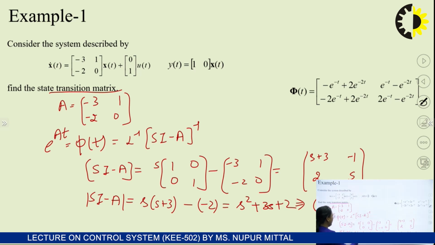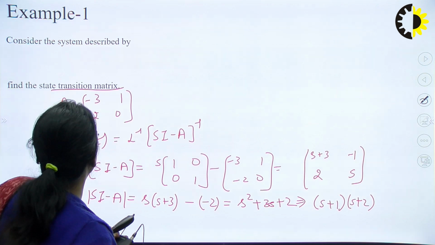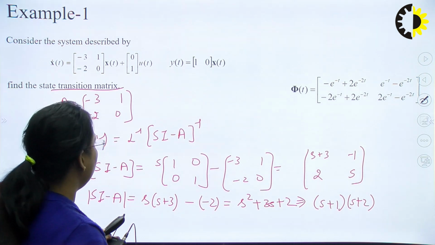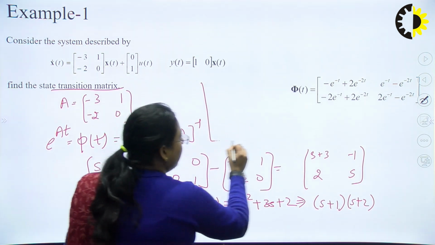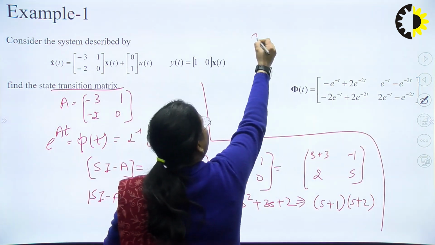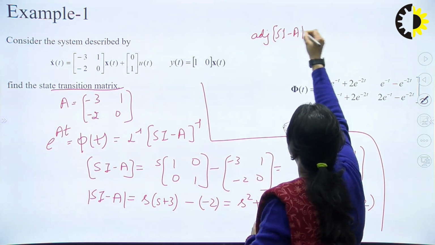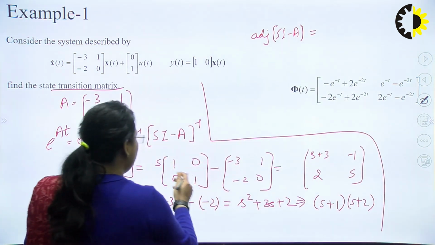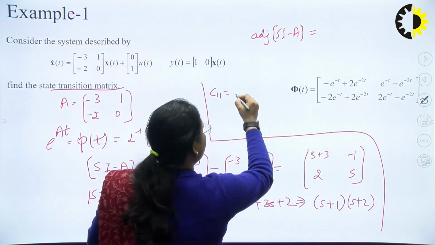Now we have to find the adjoint of sI minus A for the inverse, right? So for this, now the adjoint of sI minus A will be equal to, first of all, let me find out the cofactors of sI minus A. C11, the cofactor, will be s.